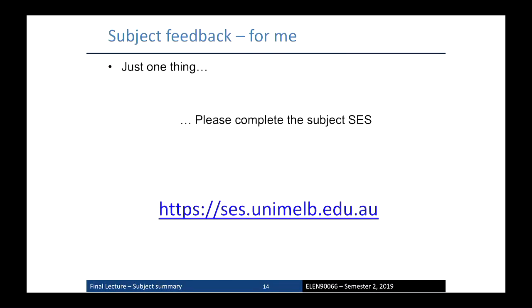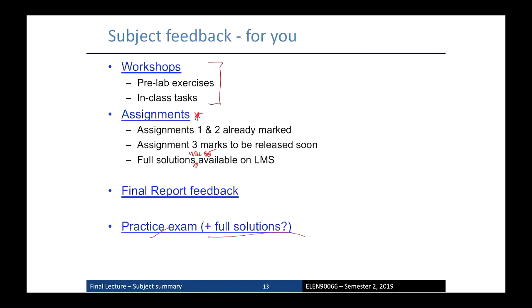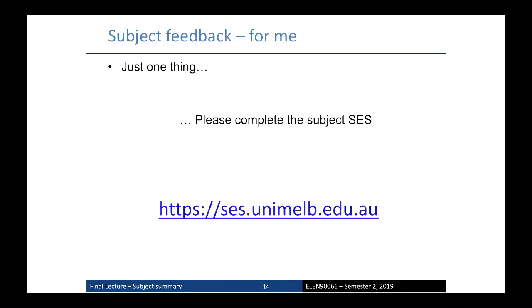If I'm going to get all those full solutions out to you, you need to do one thing for me and go to the web and please complete the subject SES. There's a hurdle requirement on the SES. The hurdle requirement is a certain response rate, and once it gets above that, I will then do more stuff for you and get all the solutions out to you.